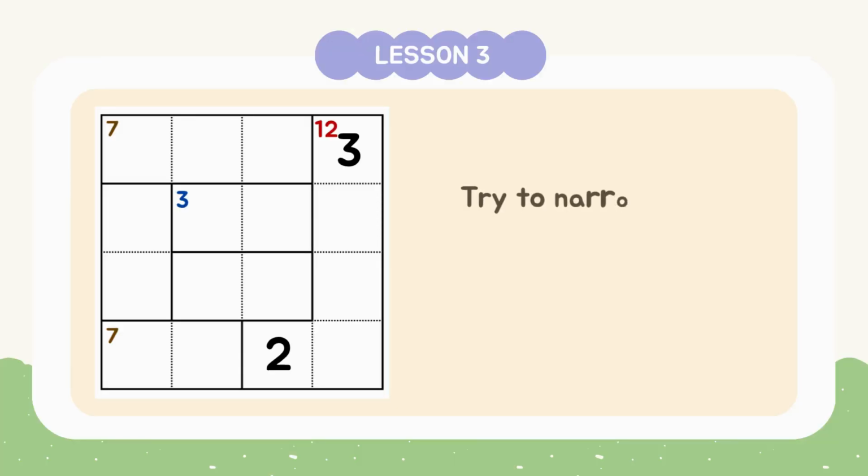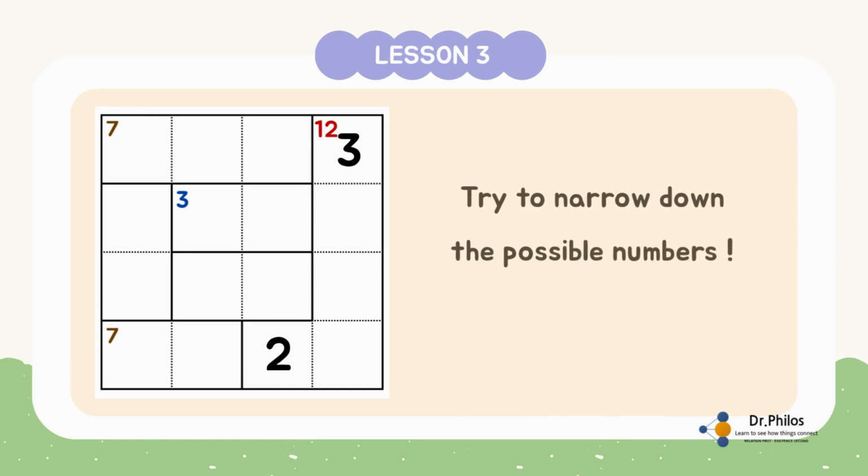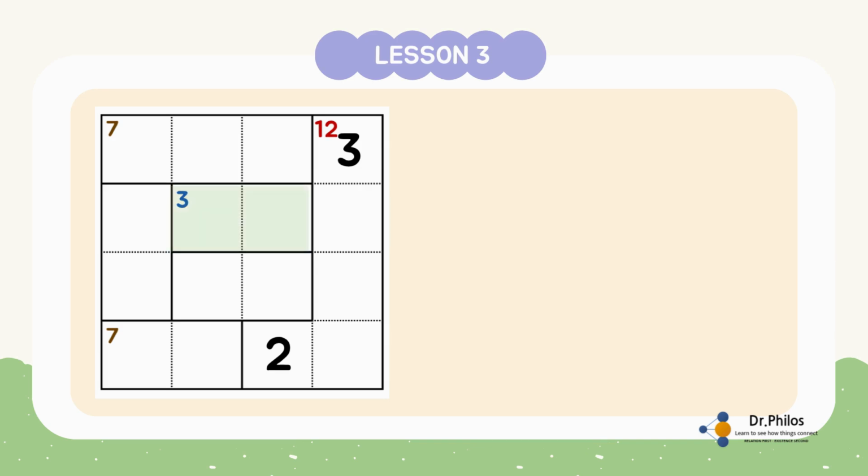Use the numbers you figured out first for 1, 4 and 4, 3 to narrow down the possible numbers for the other boxes. Now I can figure out the numbers in row 2. 2, 3 is 1, and 2, 2 is 2. Because if I put 2 into 2, 3, it will be a duplicate with the 2 in 4, 3.